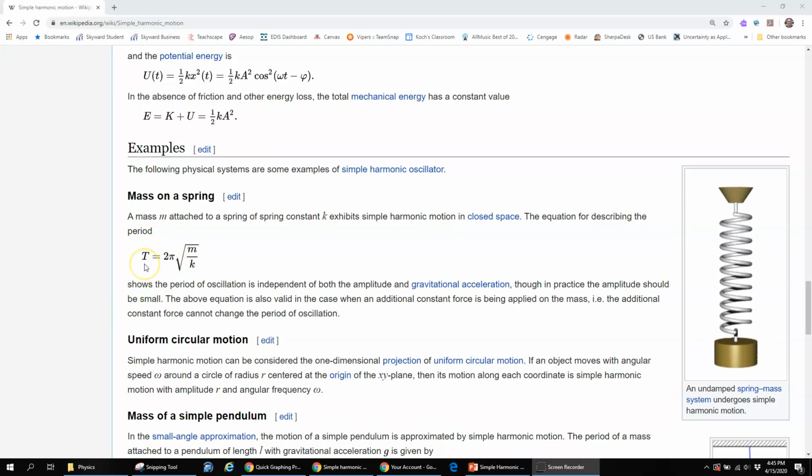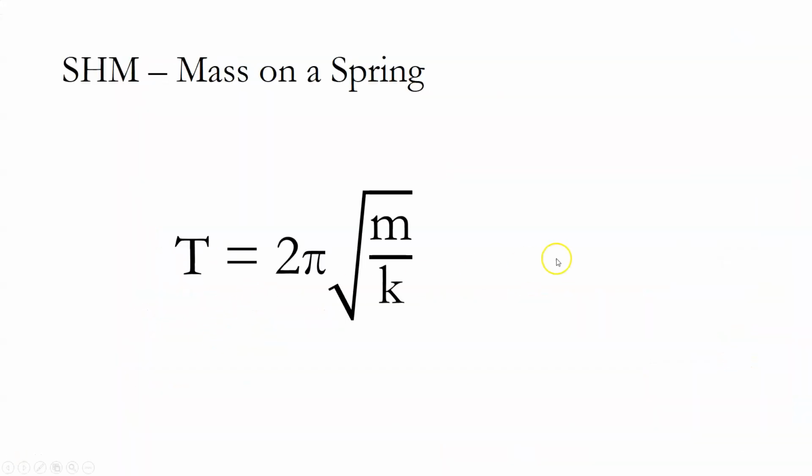And I'm going to go back to the slideshow and show how this relationship here gives us everything we just discovered. So here's that relationship again, and this is just saying that the period is equal to 2 pi times square root of m over k. So anytime we wanted to find the period that would be produced if we hung a mass m on a spring of constant k, we could go ahead and plug in those values and find that.